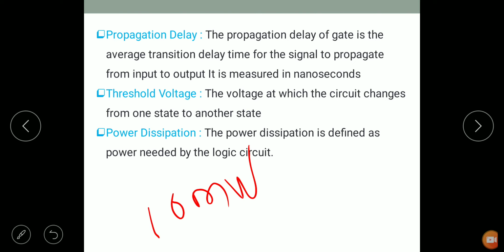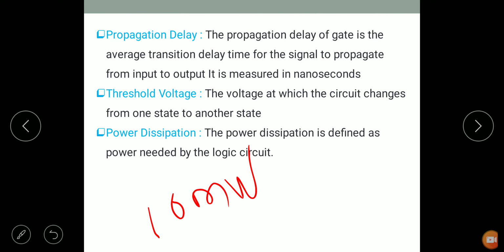Another importance of power dissipation is that the product of the power dissipation and the propagation time is always constant. So if we reduce the power dissipation, the propagation delay will increase in order to keep the product constant.